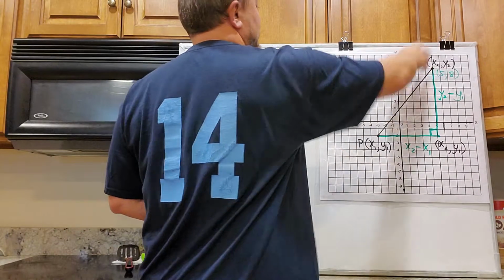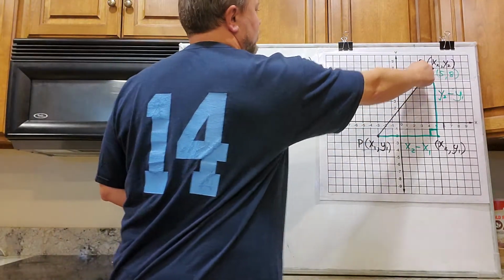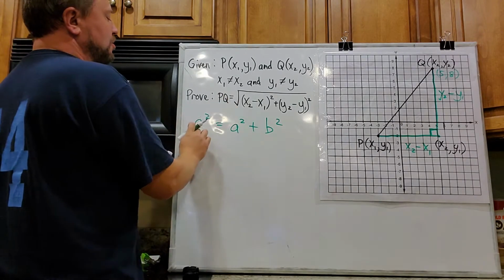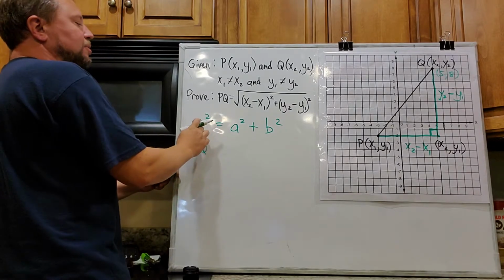And the last side here that I want to find, you see that goes from P to Q. So I'm just going to simply call it PQ. So PQ is going in for the C. So according to this, we would square it.